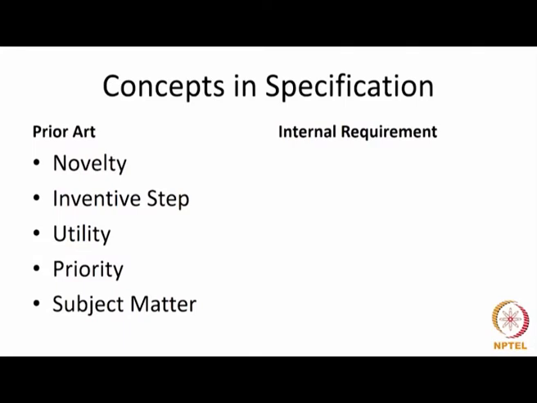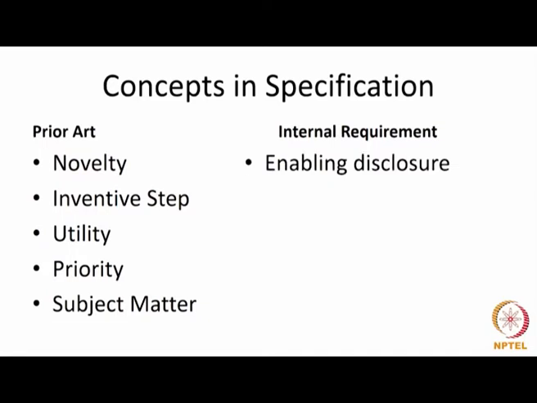There is also a requirement that biological materials have to be disclosed, and there is a requirement for depositing biological material. Now that has to figure in the complete specification, though it is something external. If the biological material is available in the public domain, you have to refer to it in an identifiable manner, or if it is not available, then you will have to deposit it before a depository.